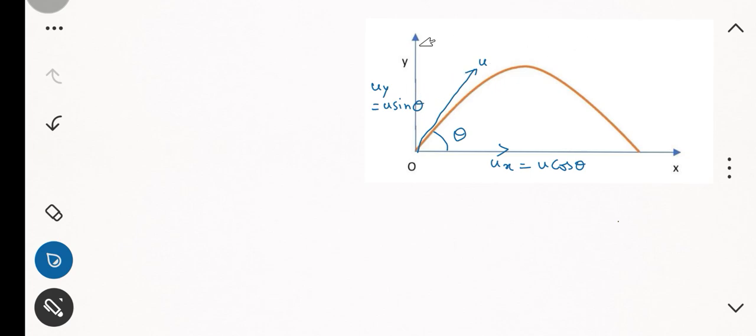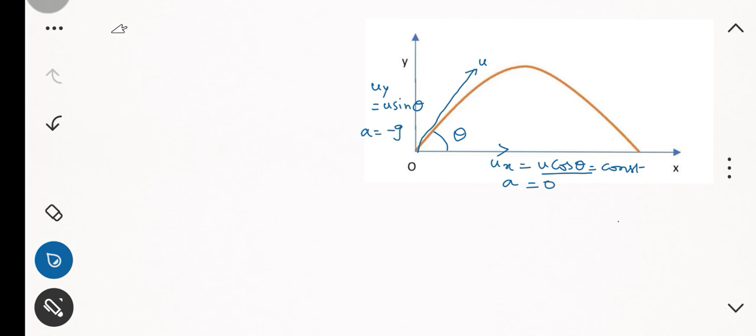We already know that along the x-axis acceleration is equal to 0, because the velocity component remains constant. Along the y direction, along the vertical, acceleration is equal to minus g, as there exists a change in the velocity along the vertical direction.